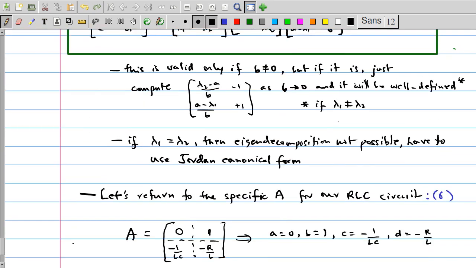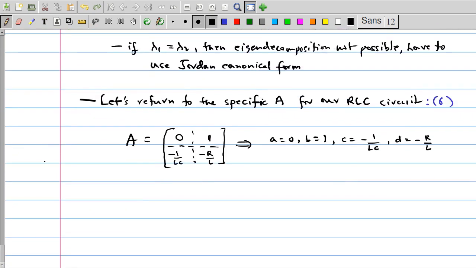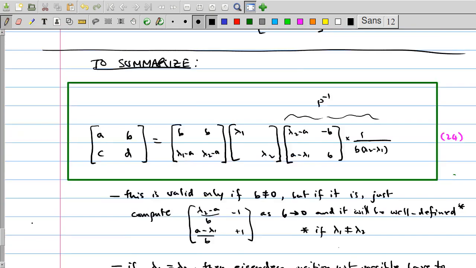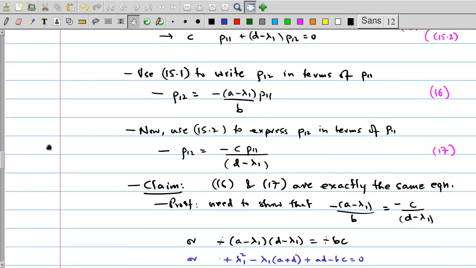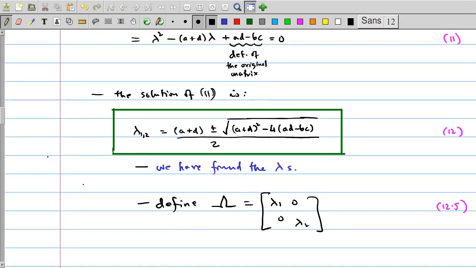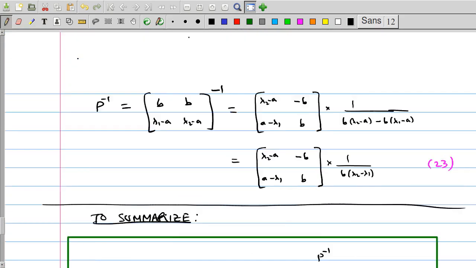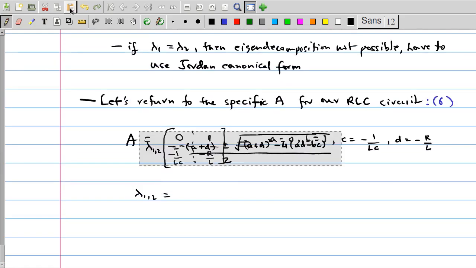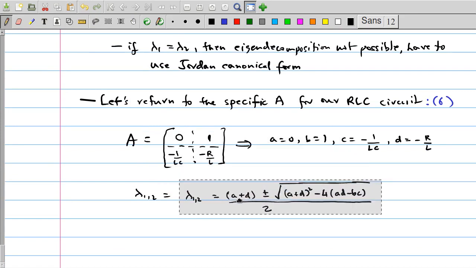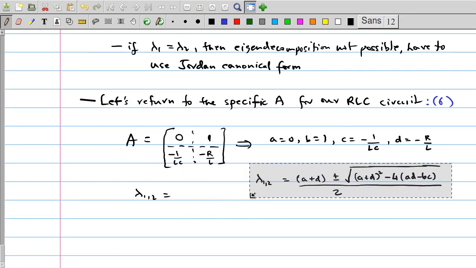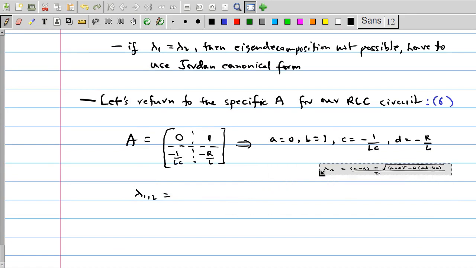Okay, so let's see what happens here. Let's also lambda 1 comma 2 equals what was it now? Here we go. Equals a plus d.